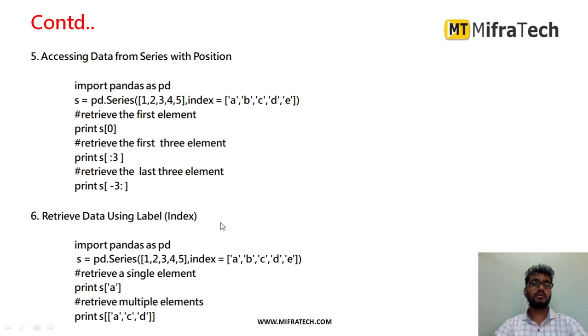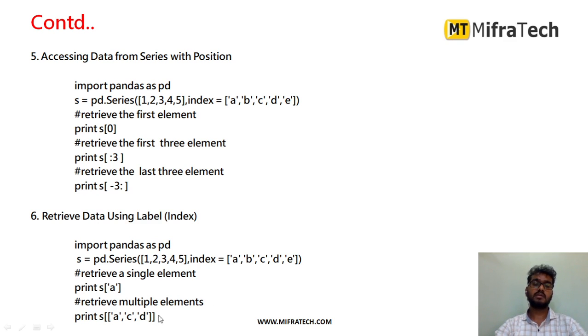That showed how to access using position number or indexing. Now how to access using a label. As I told, we can create a series by passing the index values, and by passing these index values we can retrieve elements. When we want to retrieve a single element, like the first element, if we use print s of a, we will get output as 1 because this index belongs to it.